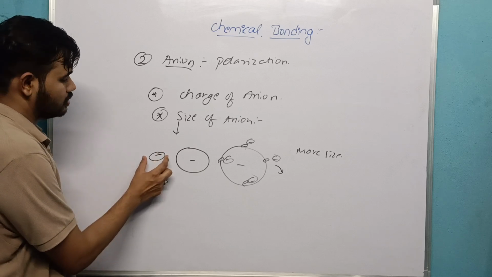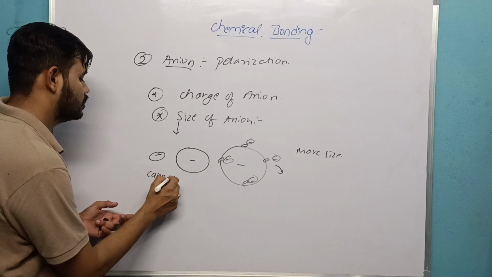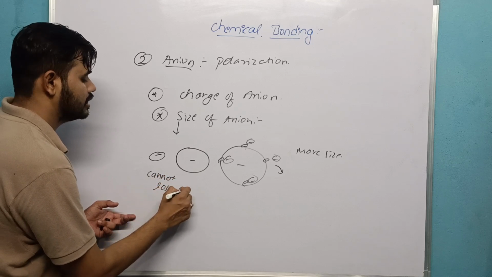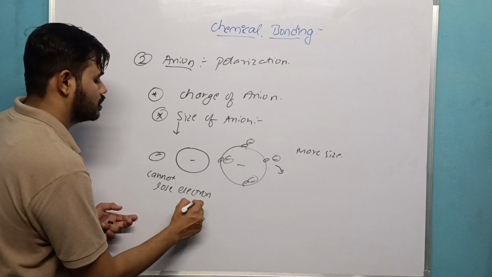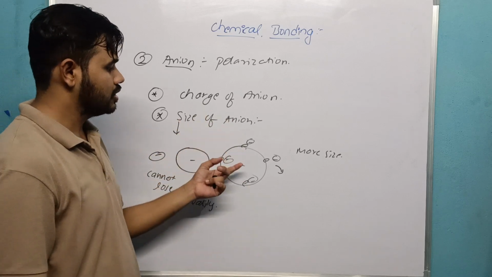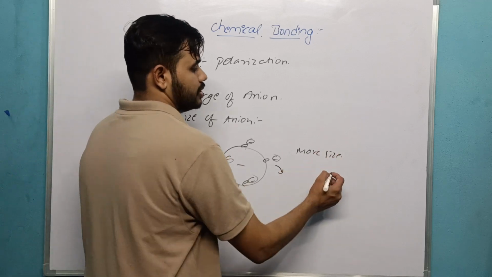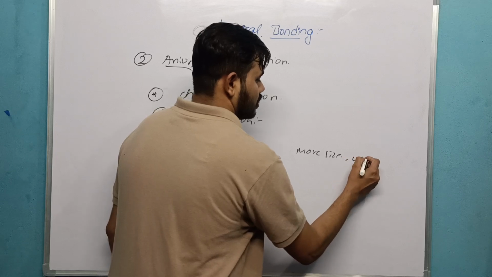This has only small size. This cannot lose electrons easily. If size is bigger, it can lose electrons easily. That is unstable. More size means unstable.